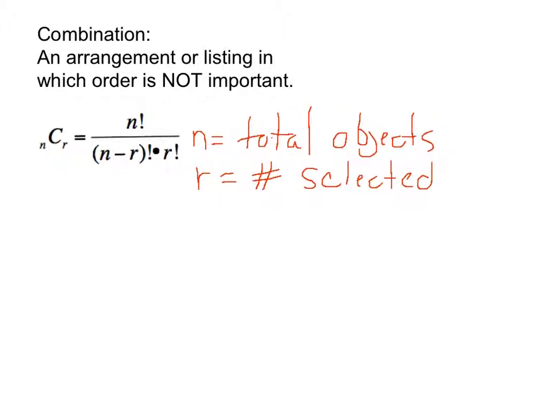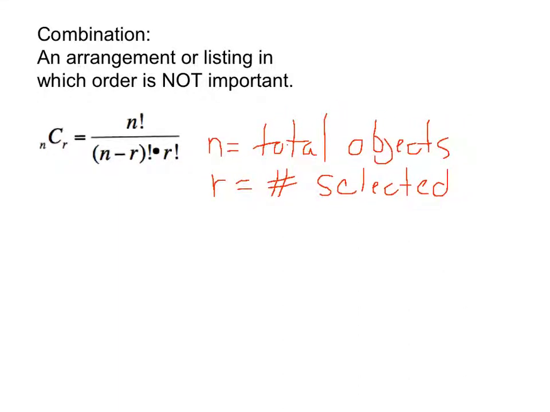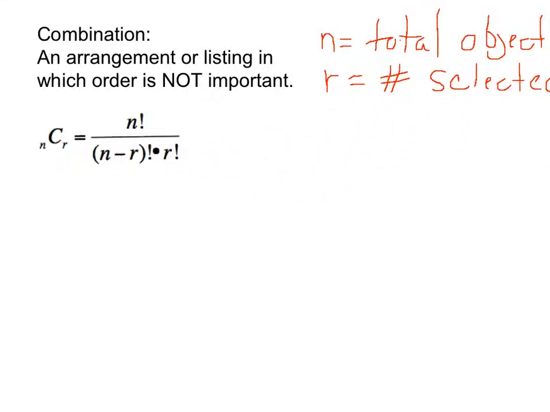The formula itself almost looks the same as before. Since this is the same, I'm just going to move it off to the side. The formula almost looks the same, except that we see this extra r factorial on the bottom. Now, why would I have an extra r factorial on the bottom?